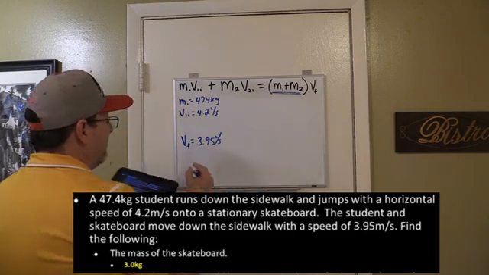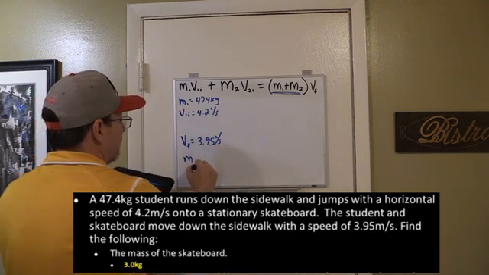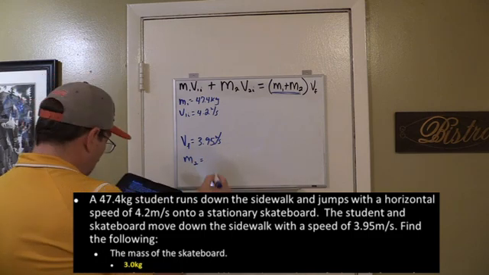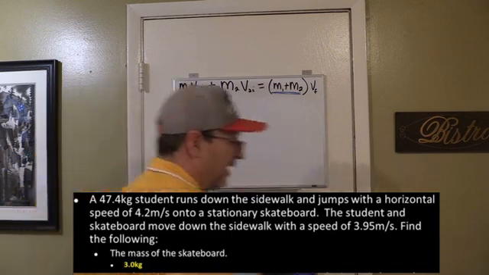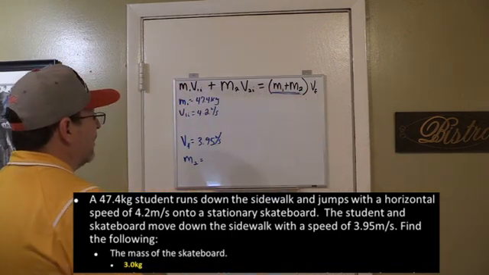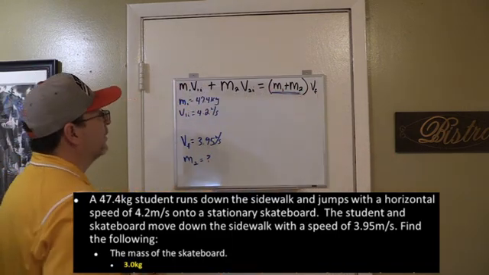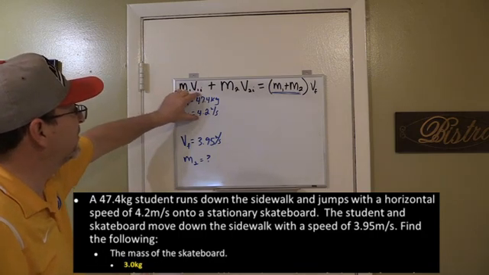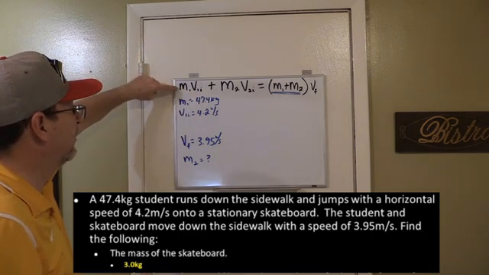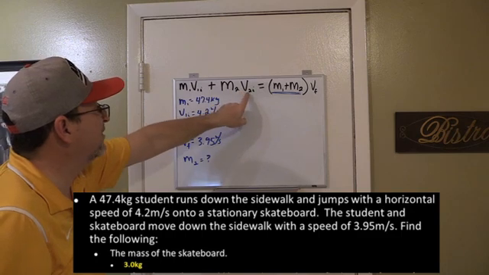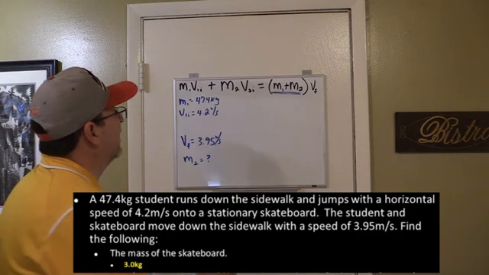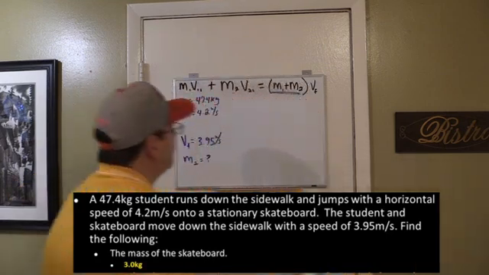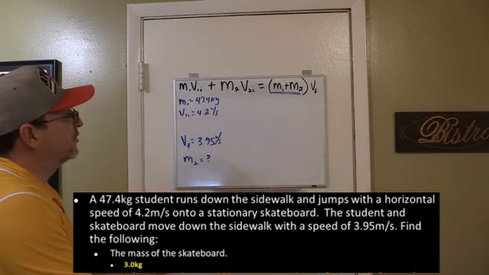I need to do two things. One, I need to find the mass of the skateboard, so I'm looking for M2. Let's do that first, then we'll get to the second part. It told me that the skateboard was stationary. So let me do a little bit of math so I can save some board space.